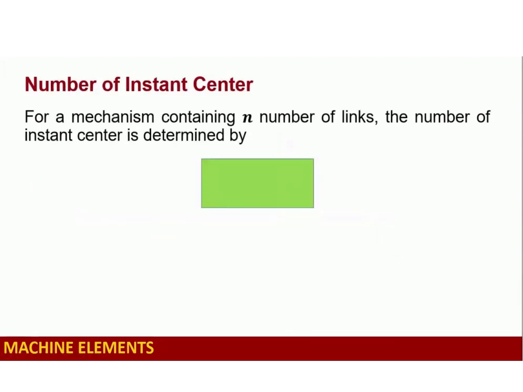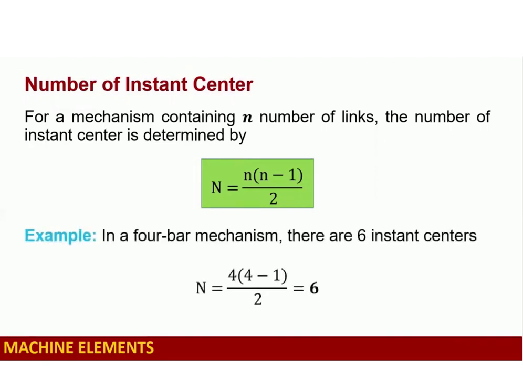So how do we determine the number of instant centers? For a mechanism containing n number of links, the number of instant centers may be determined by this formula. N is equal to n times the quantity n minus 1 over 2, where n represents the number of links, and the big N is the number of instant centers.